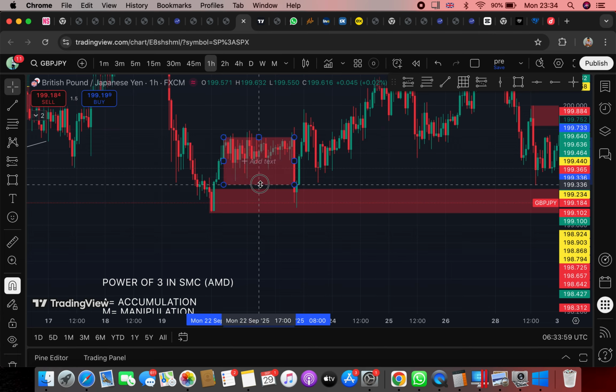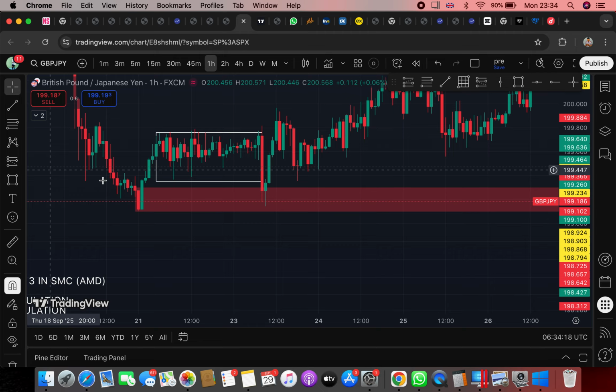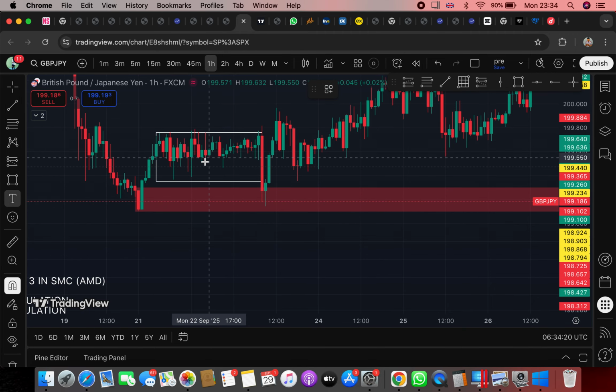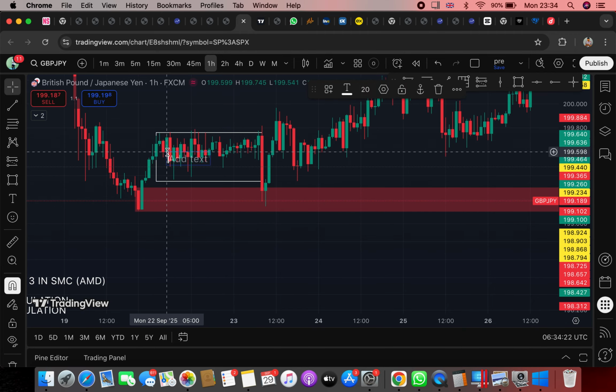Sorry, let's leave it like this. It started accumulating from here. I'm sorry, I said manipulating, it started accumulating from here. If you can see, the market started accumulating from here. So in here now, I'll use this text tool to write accumulation.